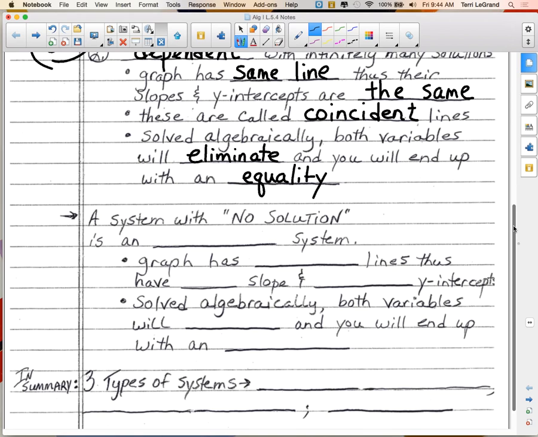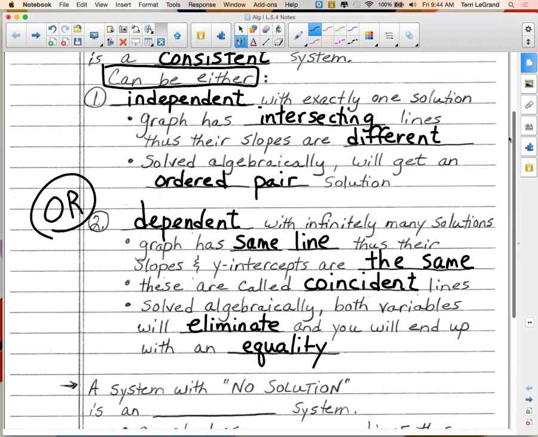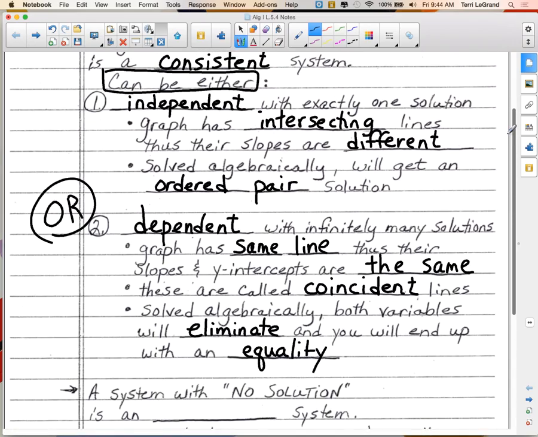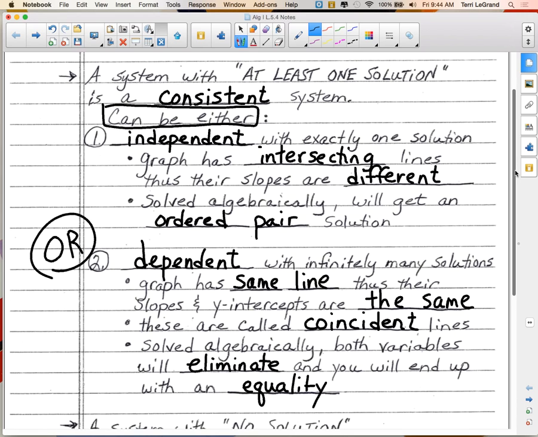So far we have two types of systems. If we have a system that has at least one solution, it can either be consistent, independent, that's one name, that's one system. How many solutions does it have then? If it's a consistent, independent system, how many solutions does it have? Exactly one.